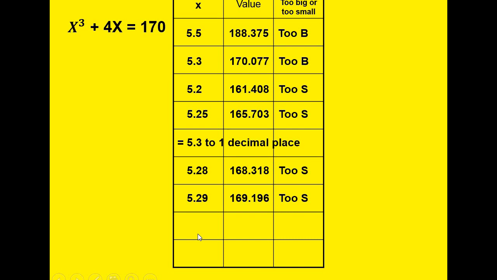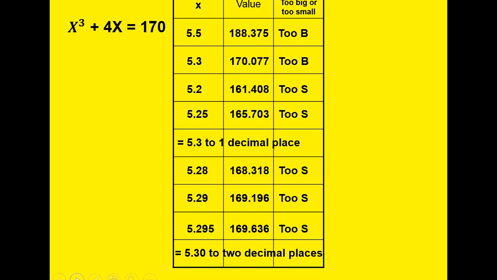So because I want 2 decimal places, I now go halfway between 5.29 and 5.30, which is 5.295, which is also too small. So if you think about it, that means the answer is between 5.295 and 5.30. And anything between 5.295 and 5.30 will in fact round to 5.30 to 2 decimal places.